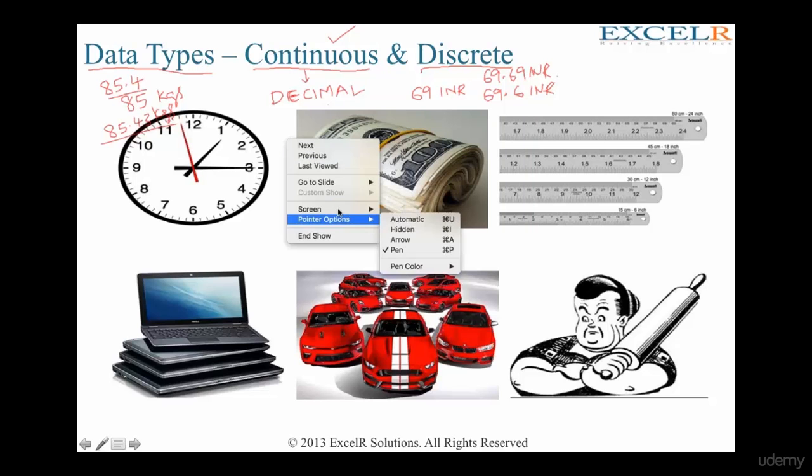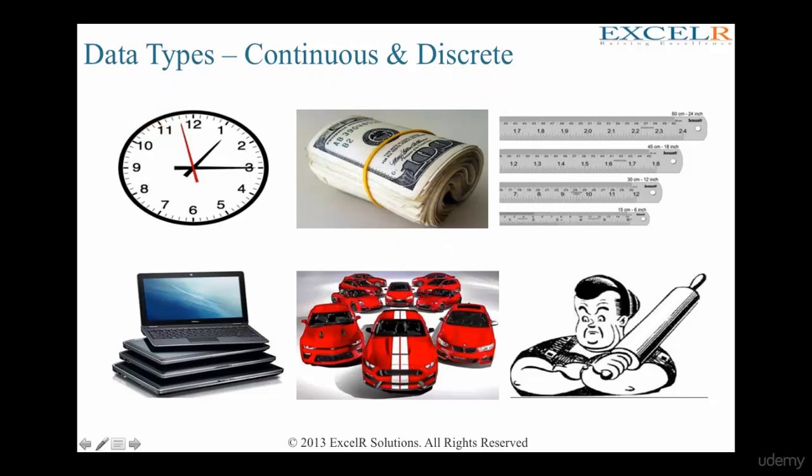All right, then what is this discrete data? If I represent any data in decimal format, and if it does not make sense, it is called discrete data. For example, I can say I have one laptop, or two laptops. Can I say I have 1.5 laptops? Does it make sense? No, it doesn't.